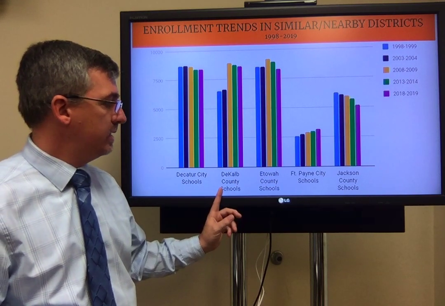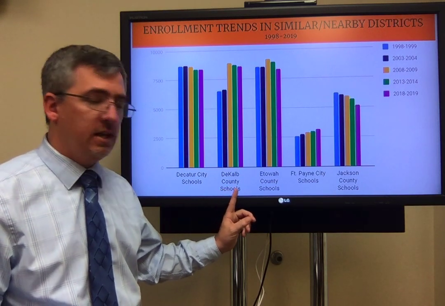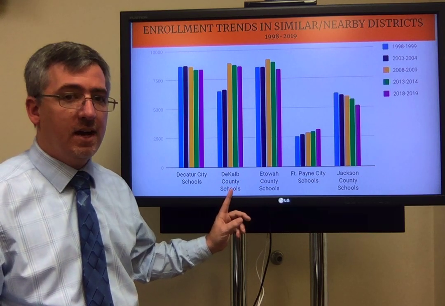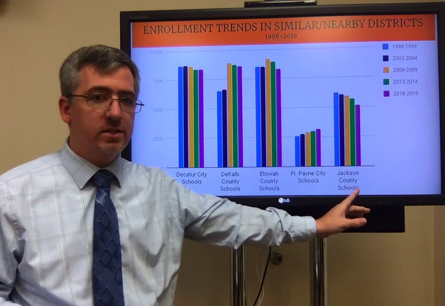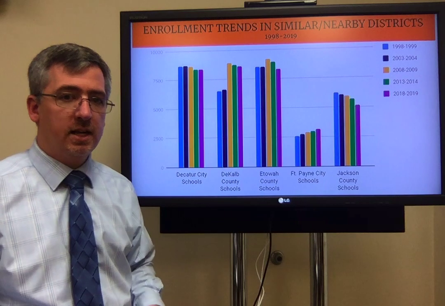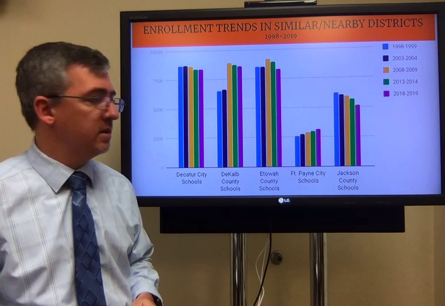So in DeKalb County, after 2003-2004, there was a significant population jump to 2008-2009. In that 5-year period, we went from being a similar size to Jackson County schools to being the size of Decatur City and Etowah County schools. And the other systems really didn't show that kind of trend.